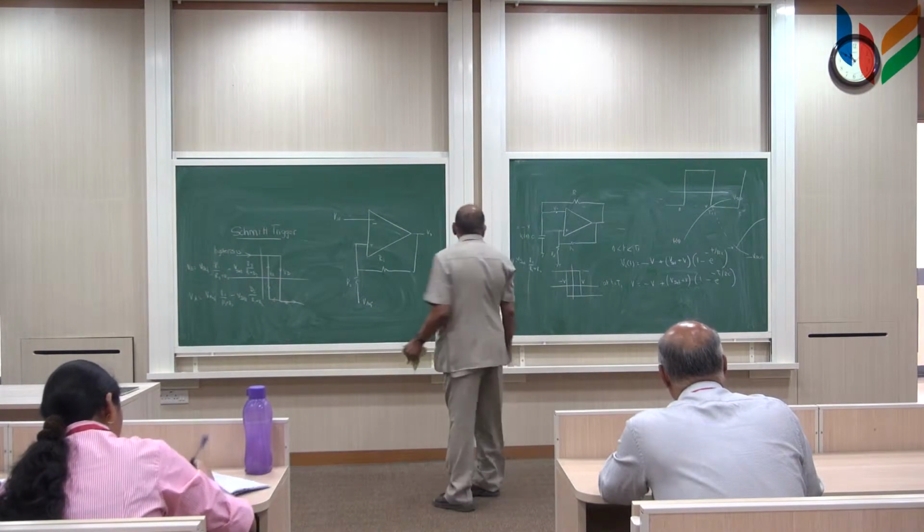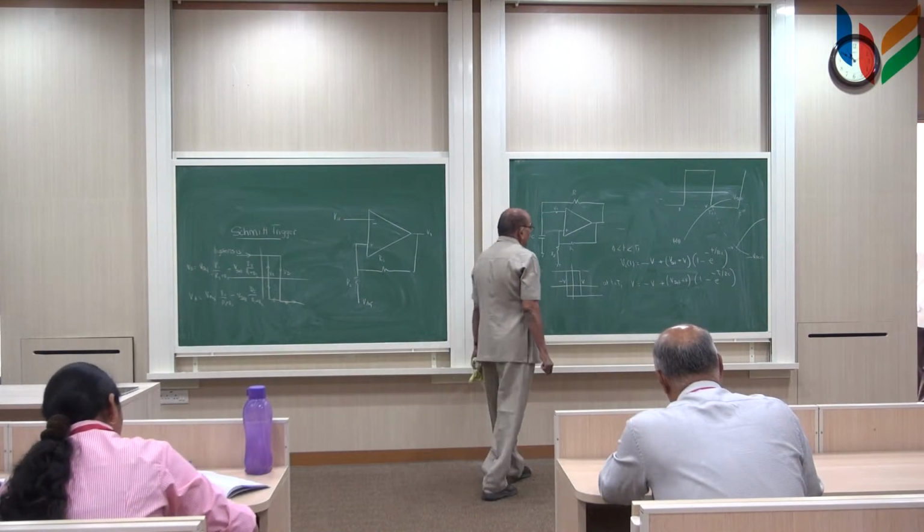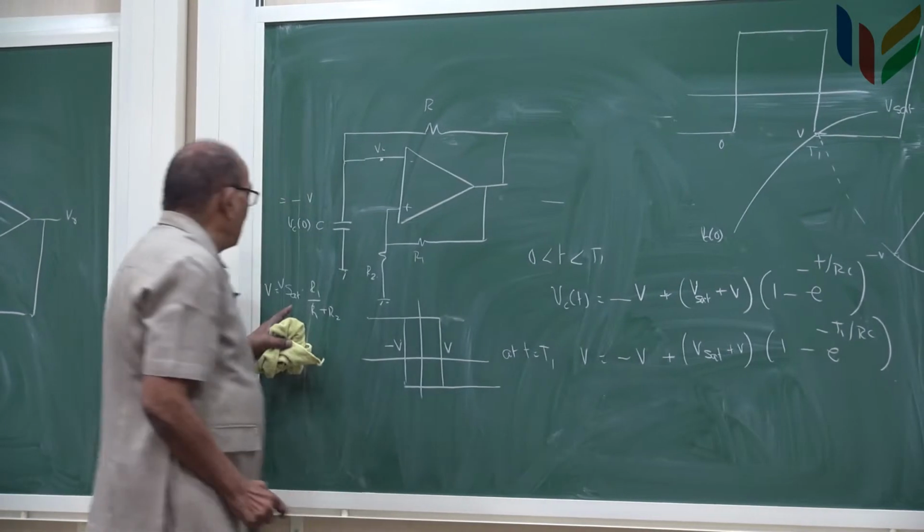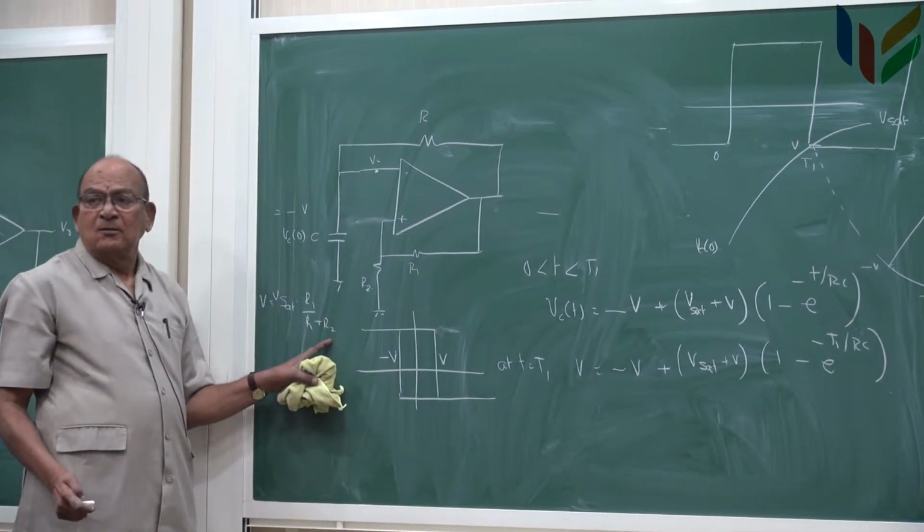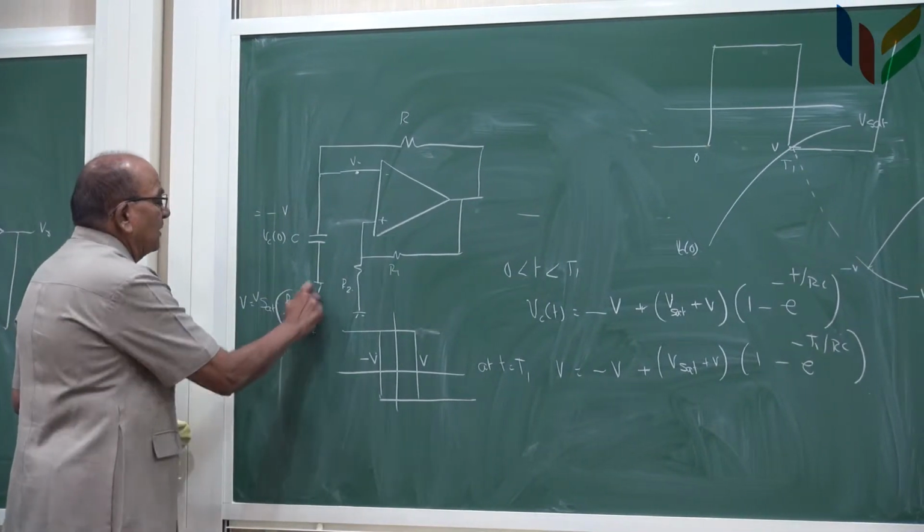So now if you simplify this, what will you get? V is nothing but V sat into some factor, and let me call this factor equal to lambda.